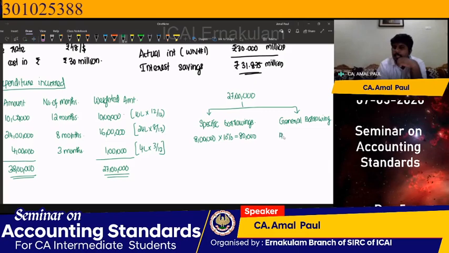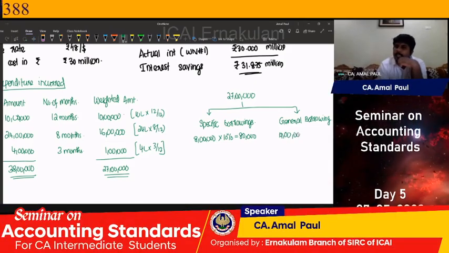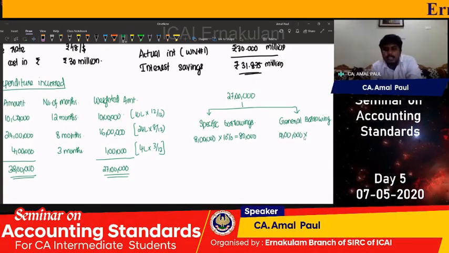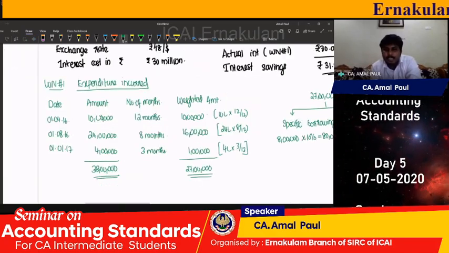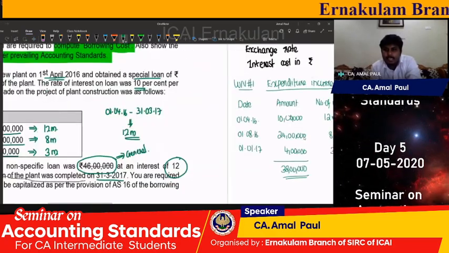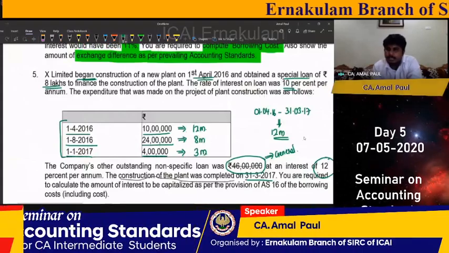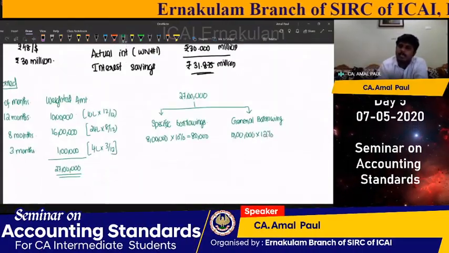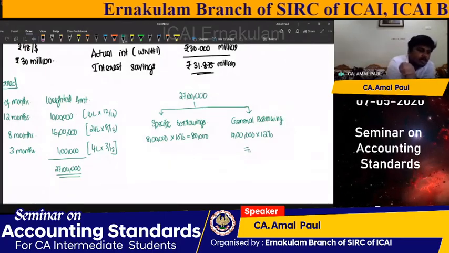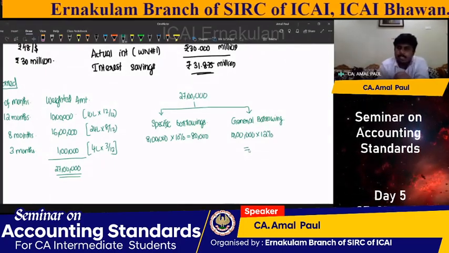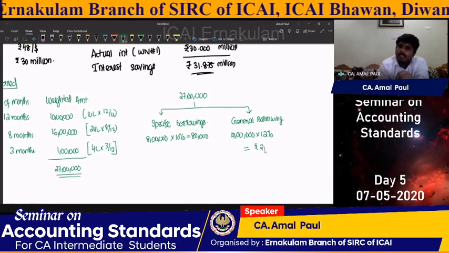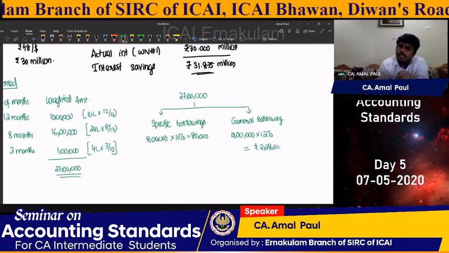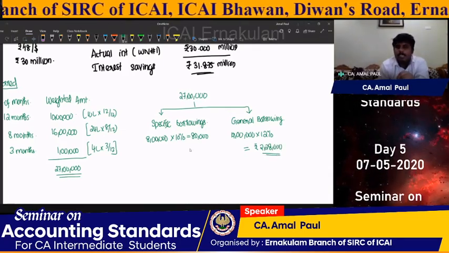That is nothing but 19 lakhs into what is your weighted average rate? Your weighted average rate is 12% on general borrowing. So 19 lakhs into 12%, you will get rupees 2,28,000.